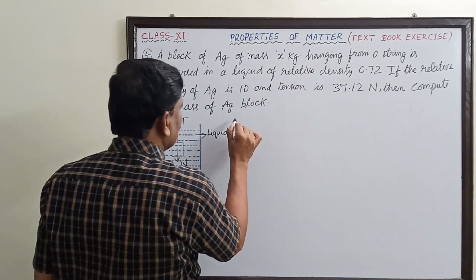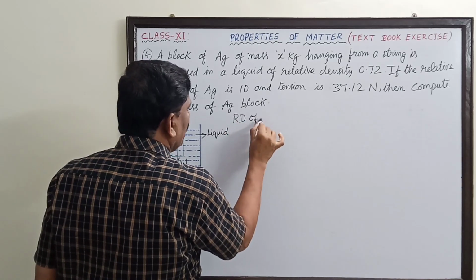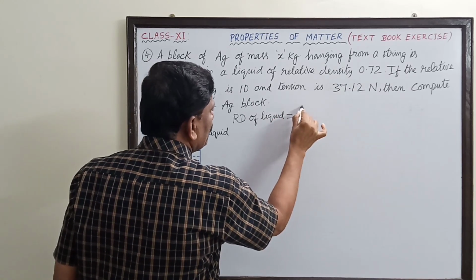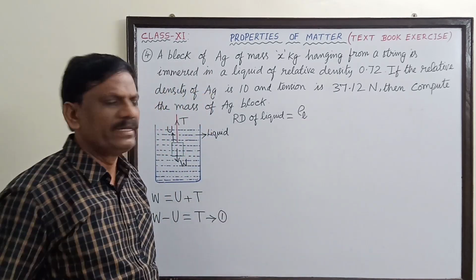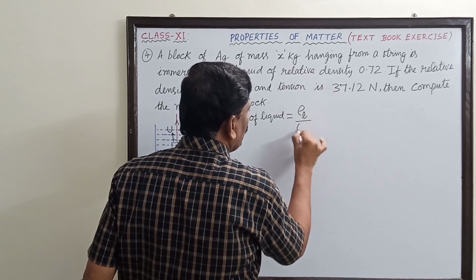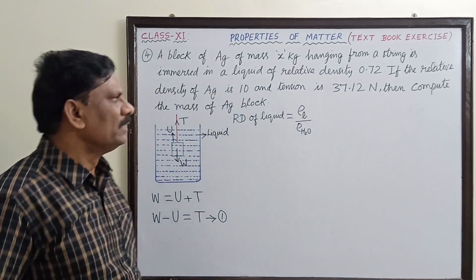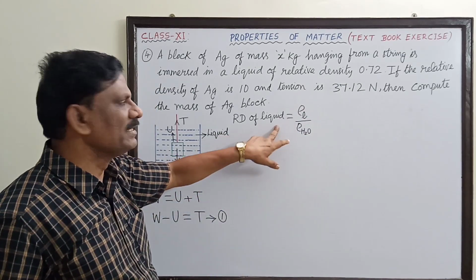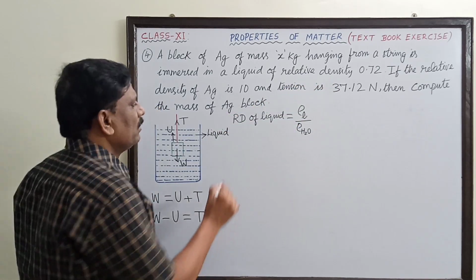So I will take the relative density of liquid. This is equal to the density of the liquid, rho L, which is the actual density of the liquid, divided by rho for water. So density of the liquid divided by density of water is equal to what? Relative density of the liquid, that is 0.72.